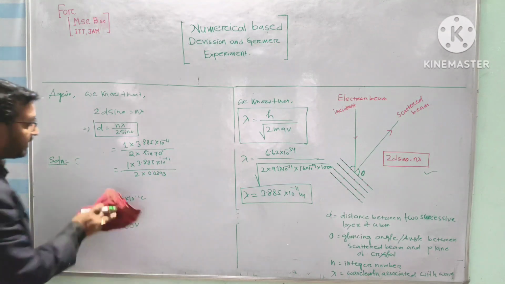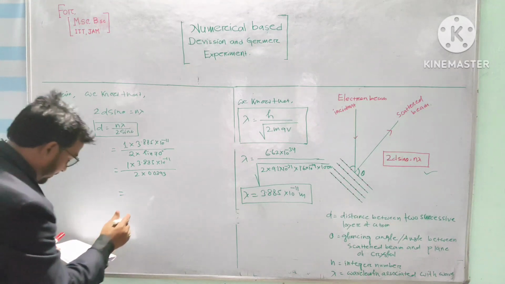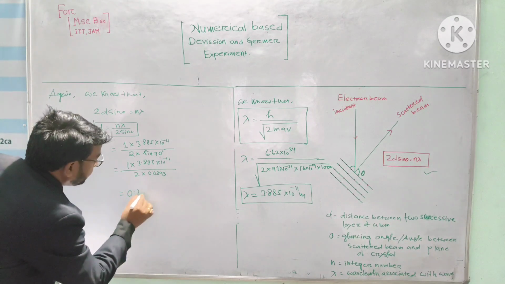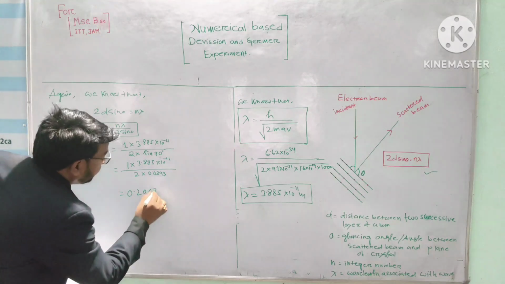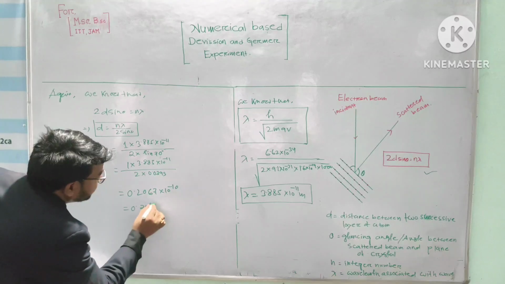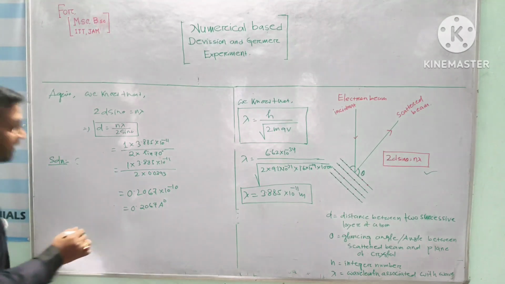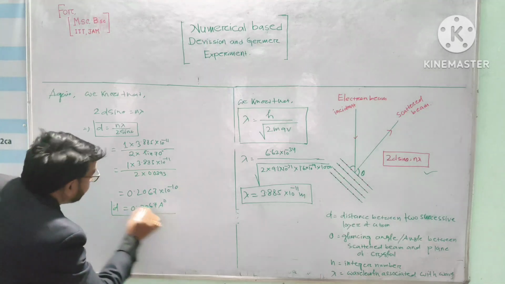After solving this part we will get 0.2067 into 10 to the power minus 10, and this is equal to 0.2067 angstrom. So this is the required interplanar spacing, d.